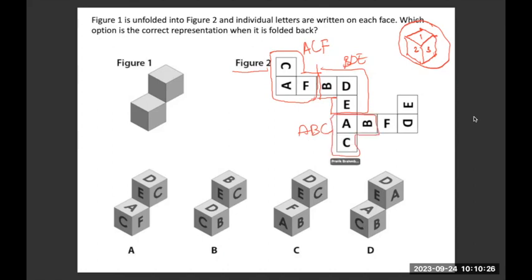And then one is F, D, and E. Where do I see ACF, BDE, ABC, and FDE? I see ABC here. AFB is not there, and DEC I'm also not able to see, because D, E, and C come here.